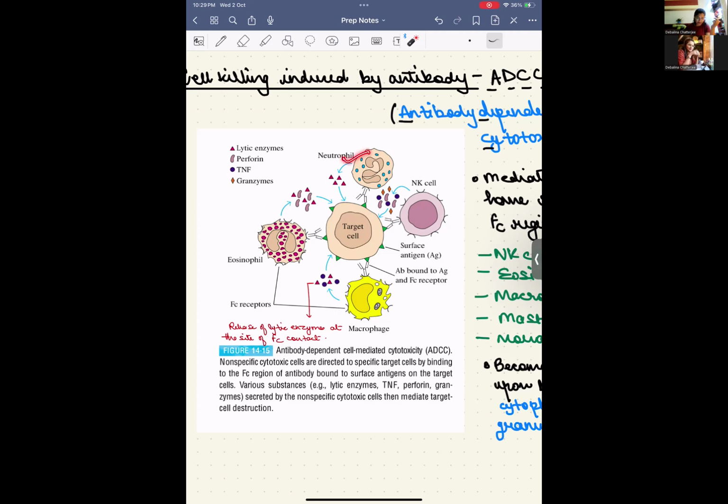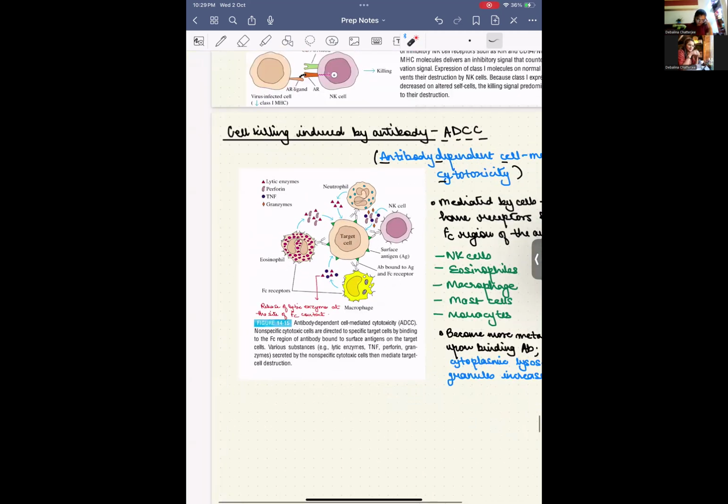Similarly, for neutrophils, the binding of neutrophils to the Fc region of the antibody releases a lot of lytic enzymes, so there is going to be enzymatic death of the target cell. And if you look at eosinophils, they have a lot of lytic enzymes and perforin-like molecules. If there is this binding, then the lytic enzymes and pore-forming molecules are going to kill the target cells.